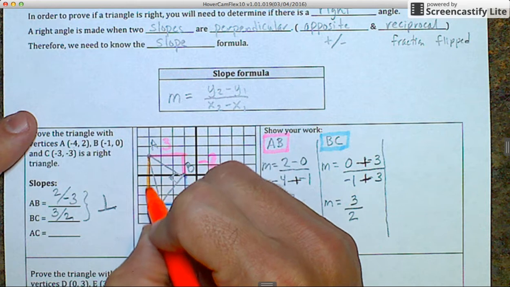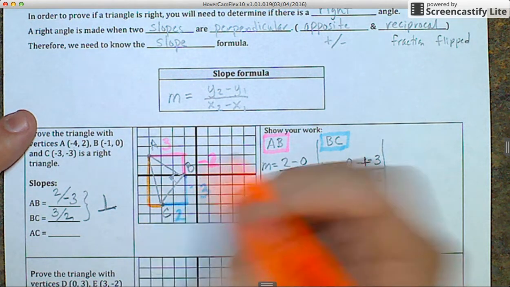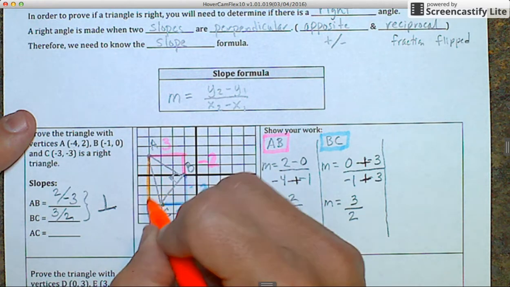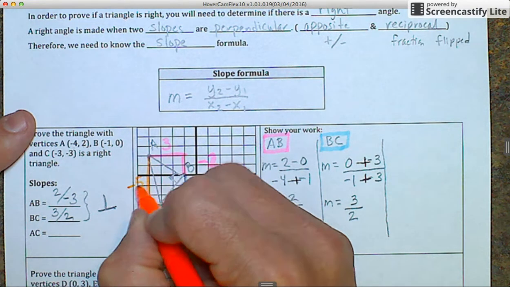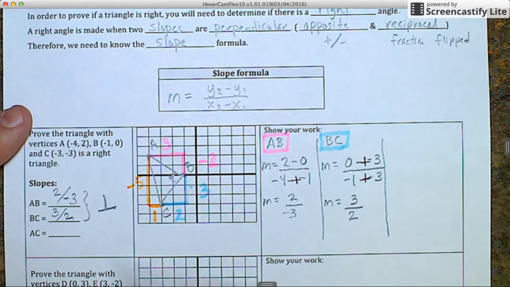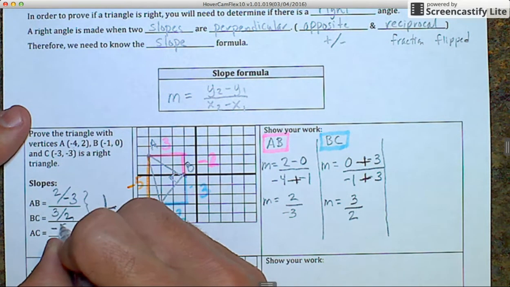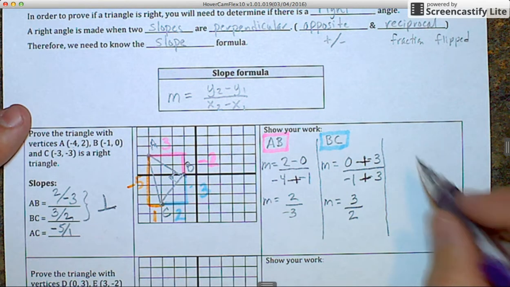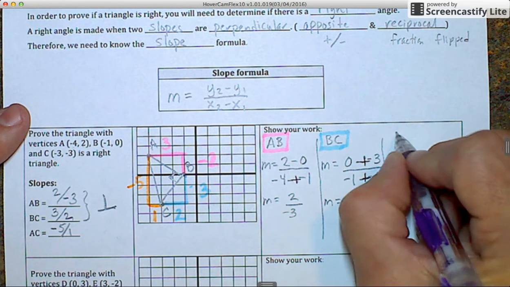So AC down here, would be we run 1 and down 1, 2, 3, 4, 5. We get a negative 5. So our slope for AC would have been negative 5 over 1. Okay, and if we did the math, you would find that out as well.